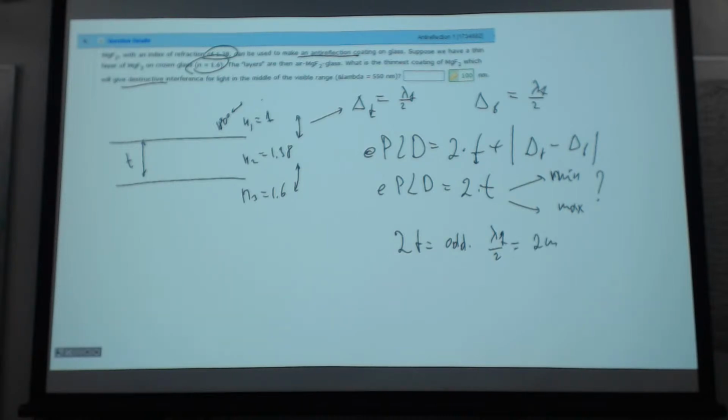I don't know what specific expression you use. This is what I usually use. I used the second one. Okay, I see my mistake now. This should use the wavelength in the film, which is the wavelength in the vacuum divided by n2.